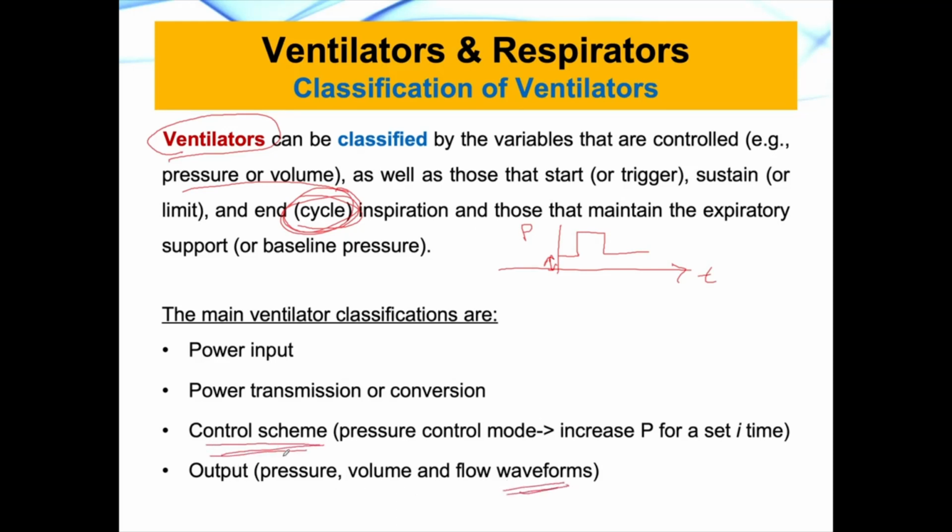In the control scheme, remember we have two control modes: volume control and pressure control. In pressure control, for example, you increase the pressure to a specific value for a set time, and then you let the pressure go down to allow for exhalation. We're going to explain it a little bit more, and I'm going to talk about the waveforms of the output.